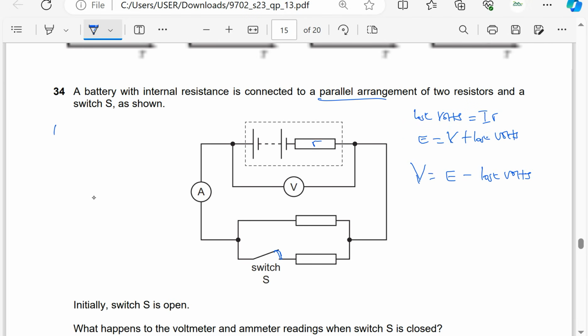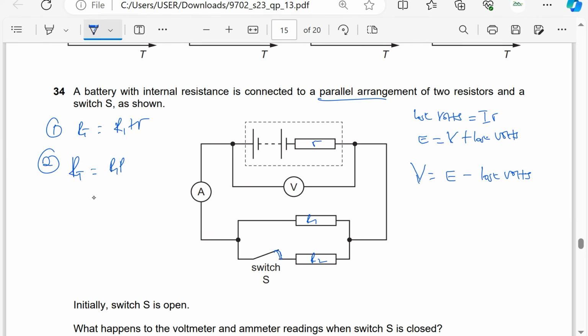Initial total resistance was R1 plus r. If this is R1, this is R2, this is r, then after, total resistance is going to be R1 R2 over R1 plus R2, then plus small r.